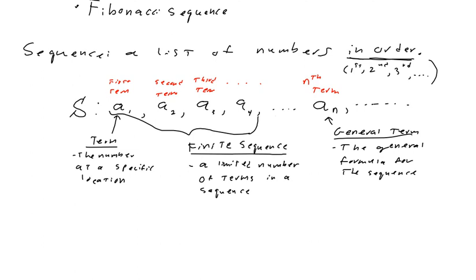But if you go on forever, dot, dot, dot, keep going. Well, if you keep going forever, that would be an infinite sequence. Which is what S is, because it keeps going forever.